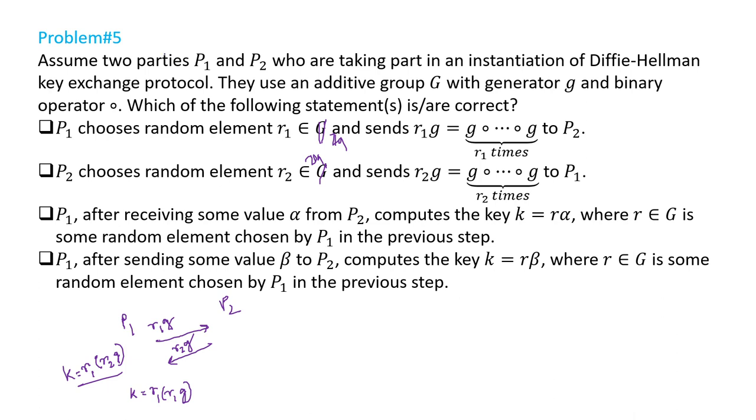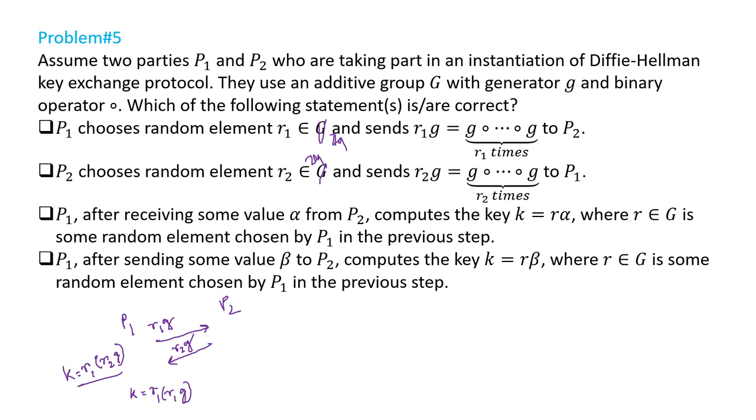The way we are used to writing it is g to the power r1, g to the power r2. Basically one party chooses some random element, computes the value of g to the power alpha or alpha into g depending on multiplicative or additive group, and sends it to the other party, and the other party also does the same from his or her end. So yes, first two statements are correct.